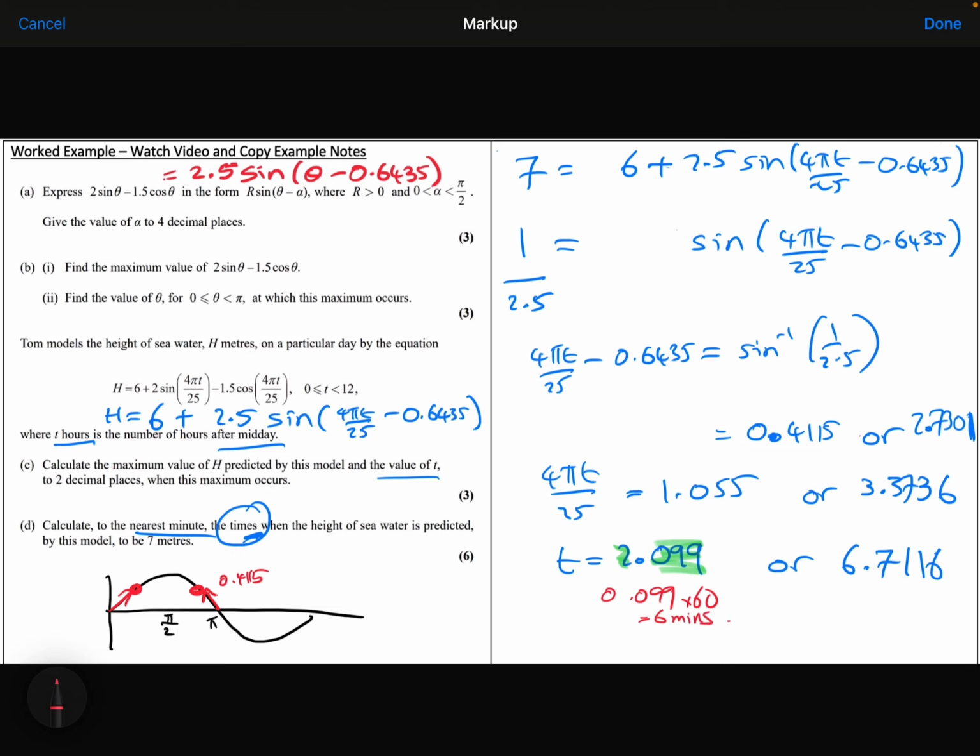So 2 hours and 6 minutes after midday will be 2:06. Or this is 6 hours. Then to work out what the 0.7116 is in minutes, again, times that by 60, and I find that that is 43 minutes. So 6 hours and 43 minutes after midday would be 1843. And those are the two times where the height of the seawater is predicted to be 7 meters.